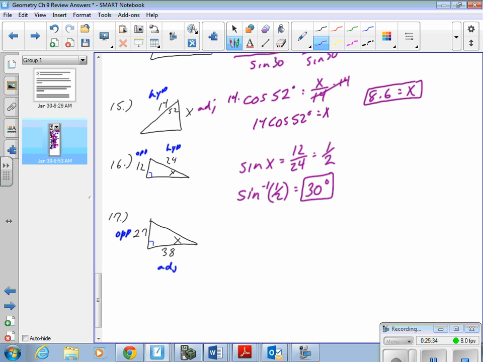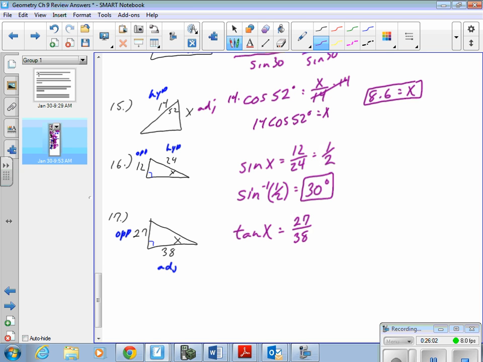And then 17, we've got angle x, and we're given the opposite side, which is 27, and the adjacent side, which is 38. So opposite and adjacent should have us thinking of tangent. So here we're going to say the tangent of angle x is equal to the opposite side, which is 27, over the adjacent side, which is 38.